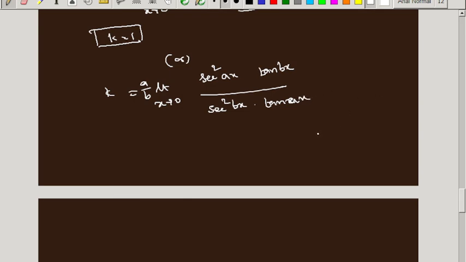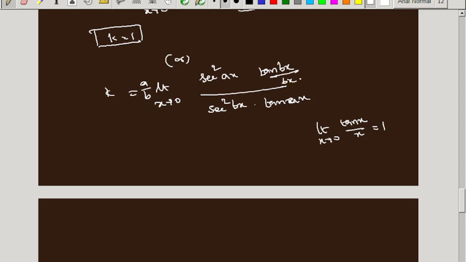So here in lower classes we have studied that limit x tends to 0, tan x dividing by x is 1. So here x dividing by x is there, we can write the answer directly.